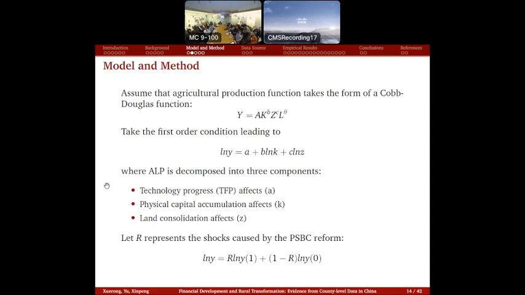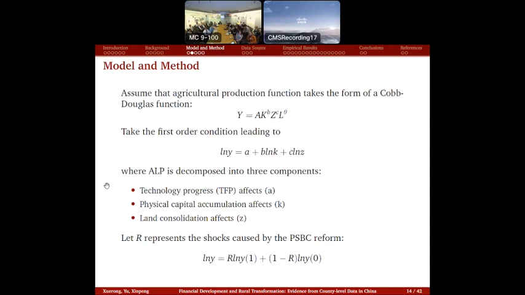Taking the first order condition and the linear form, we get this, where agricultural labor productivity can be decomposed into 3 components: technology progress, physical capital accumulation, and land consolidation. We would like to check how the financial market reforms can affect the ALP through these 3 mechanisms.